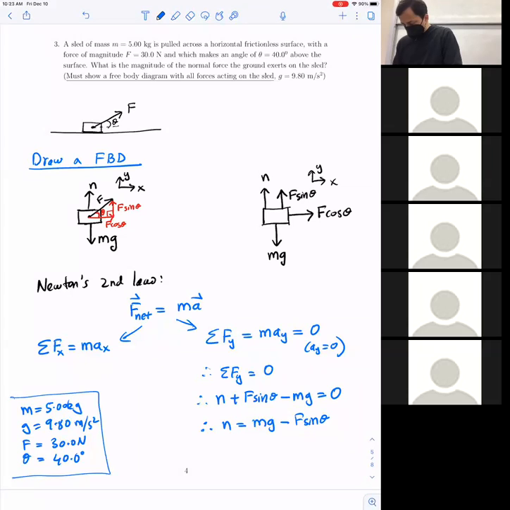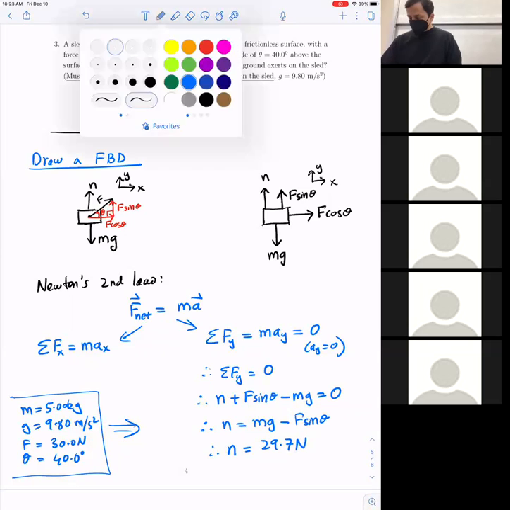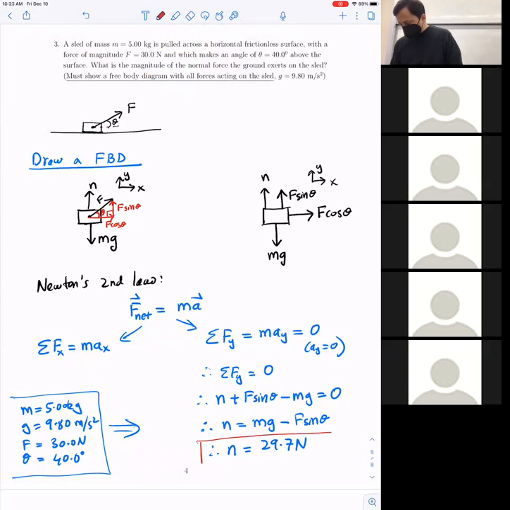So if I take all this information and plug it in here, you get that N is 29.7 newtons. So that is the correct answer. Any questions on that?